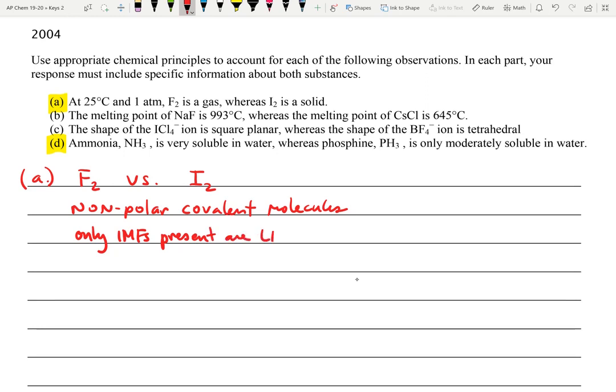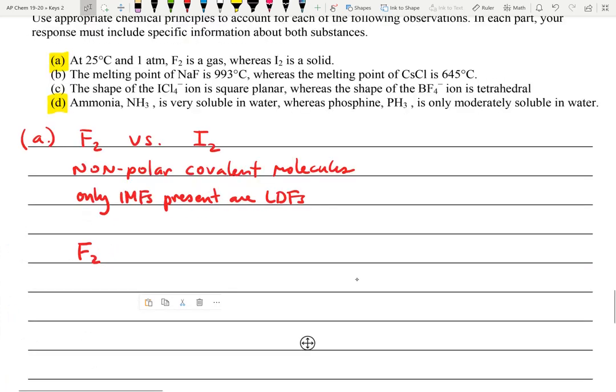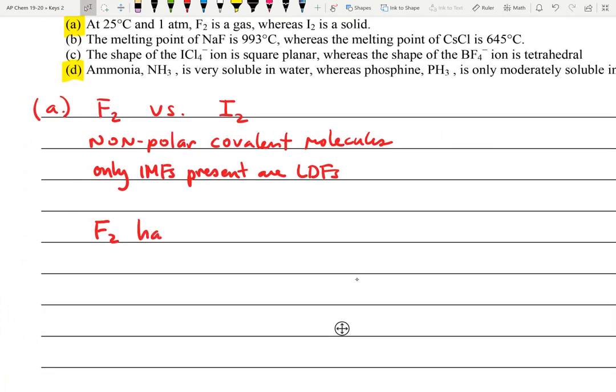And again, this is just a mental inventory or process that you can think yourself through without having to write it all out. But if you want to see it written out, I'll do that with you here. So fluorine versus iodine, if they both have intermolecular forces, we're pointing out that one is a gas and one is a solid, which means that fluorine, if it's a gas already at room temperature, must have a much lower melting point and a much lower boiling point, because if it's a gas at room temperature, that means it's already melted and boiled, right?